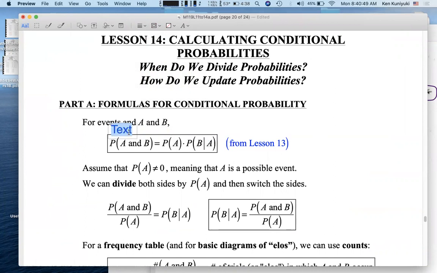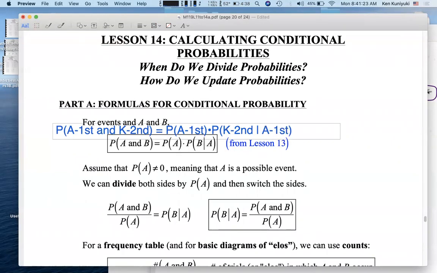The probability of getting an ace first and a king second, this was equal to the probability of getting an ace first. Very conveniently, that corresponds to event A over here, times the probability of getting a king second, given that, or conditioned on the fact that we got an ace first. We're building up the scenario. The probability of A and B equals the probability of A times the probability of B given A.